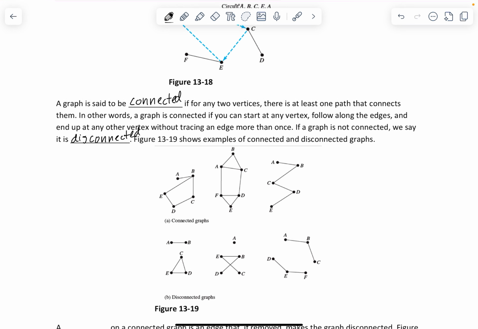Okay, figure 13.19 shows examples of connected and disconnected graphs. These three graphs are connected. These graphs down here are disconnected.